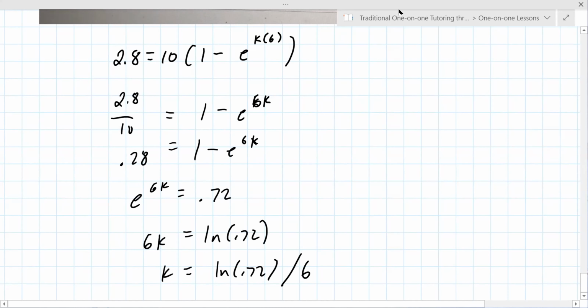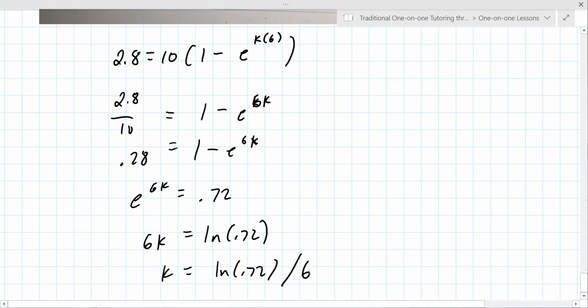It's always better to go to that last step before entering into your calculator, so there's no rounding errors.